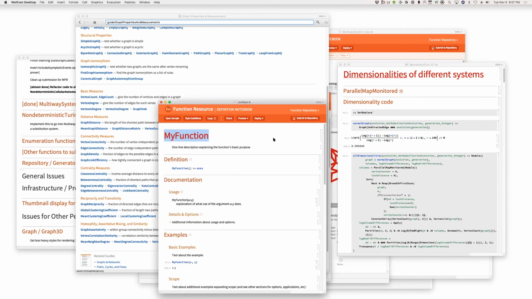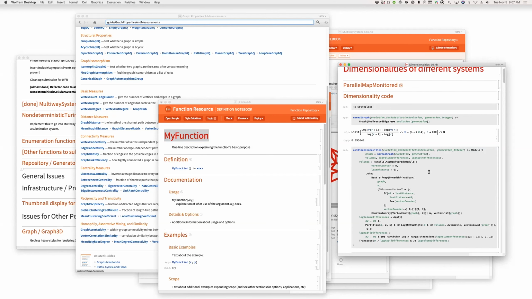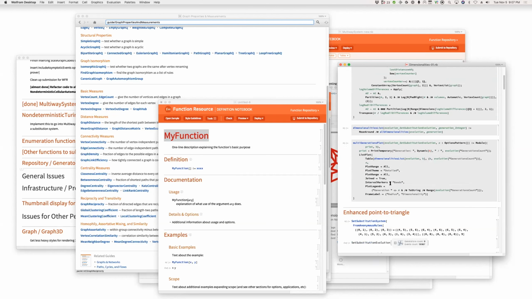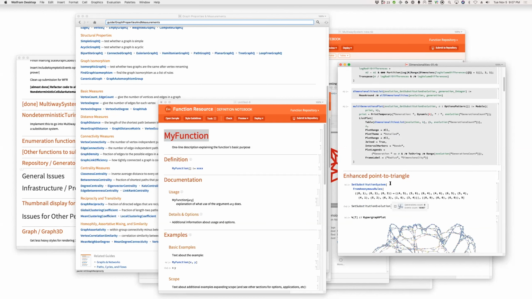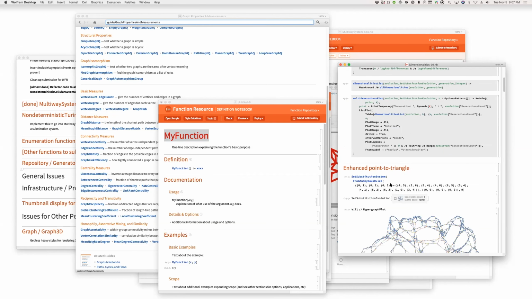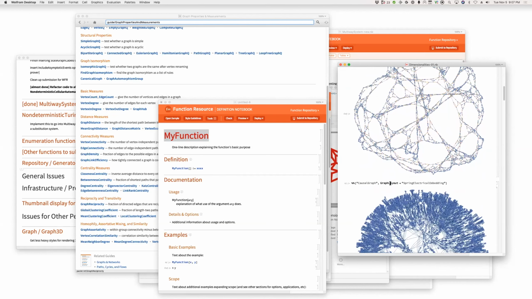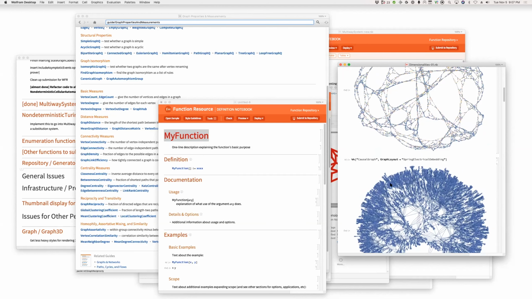Okay, but so what does this actually return, do you think? Max, what do you think this returns? It probably returns for each vertex and for each generation the list of dimensions, but I'm not completely sure.